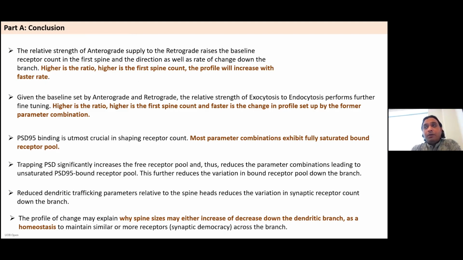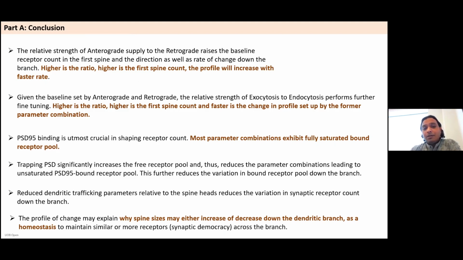When we tried it, we observed that it reduces the variation in synaptic receptor count even further. So this factor stabilizes the count of the synaptic receptors across a 100 micrometer dendritic branch. We don't know how a 200 micrometer dendritic branch would be affected, but that's the estimate we have taken up.